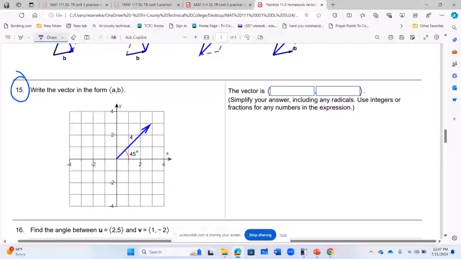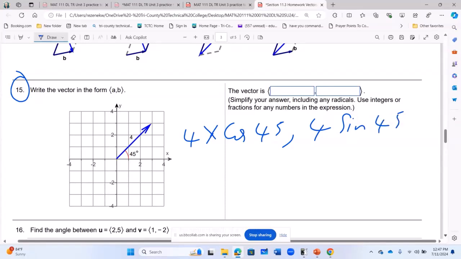I'm told to find the vector here. Again, I find the horizontal component and the vertical component. I'm told to leave them in component form. So I have 4 multiplied by cosine of 45 degrees and 4 multiplied by sine of 45 degrees. Cosine of 45 degrees is √2/2. In this one, I'm told to leave my answer in the form of radicals, so you have to be careful.